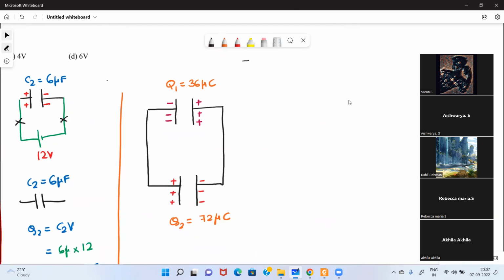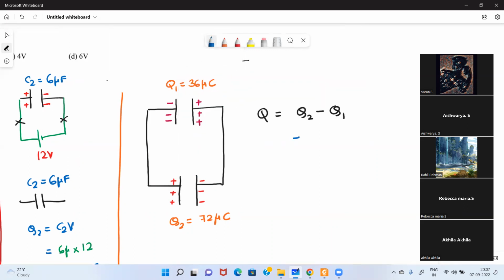So the total charge in the system will be Q2 minus Q1, the greater one minus the smaller one. So it is 72 microcoulomb minus 36 microcoulomb. Therefore, what is the total available charge?